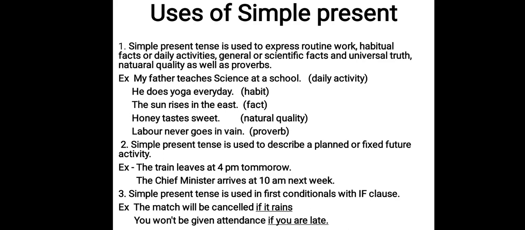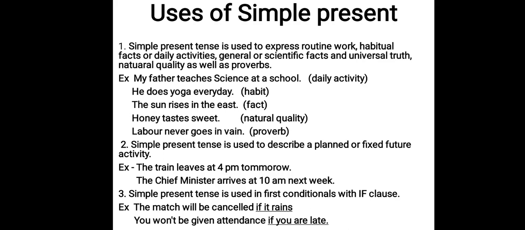So we will be using simple present tense to express such kind of facts. Any general or scientific facts, as I discussed, the earth is round. This is a general fact, or you can say permanent truth. This has been expressed in simple present.